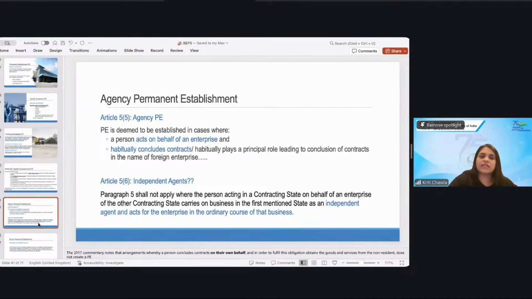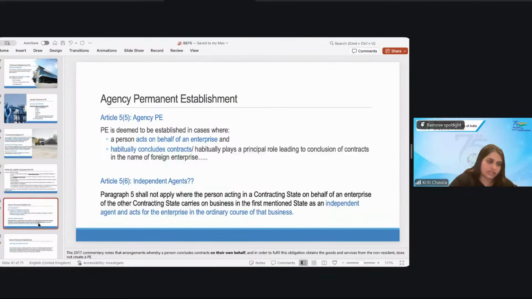The next thing is something called an agency permanent establishment. Agency permanent establishments are of two types: a dependent agent and an independent agent.